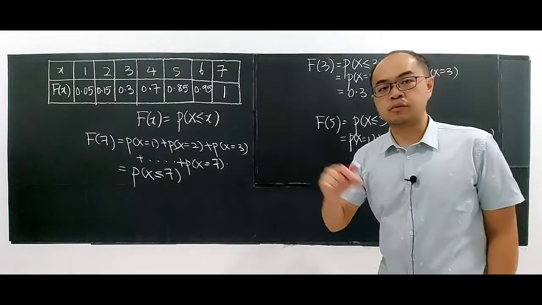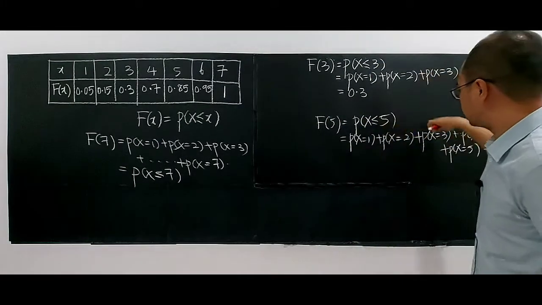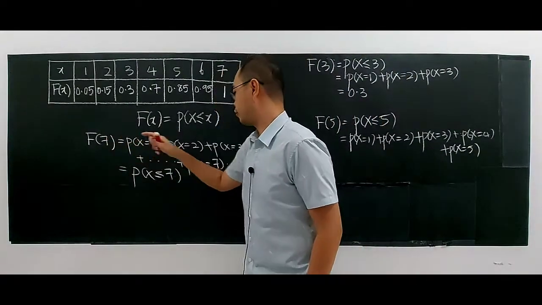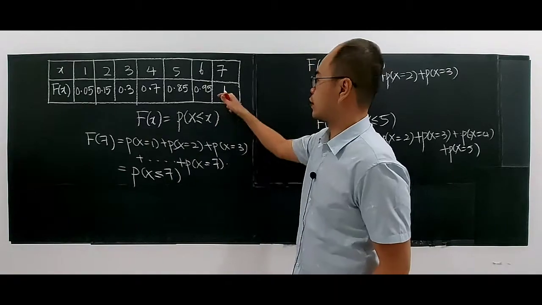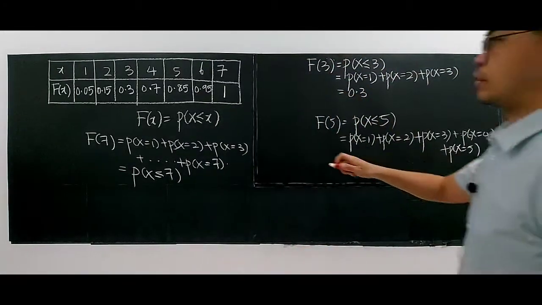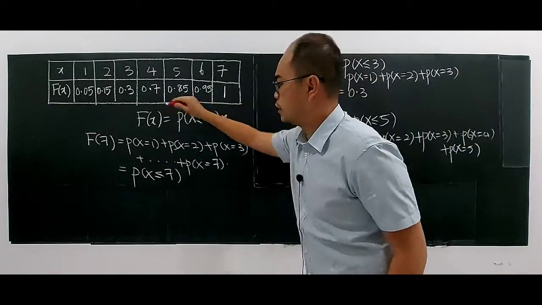This is the meaning of cumulative. You accumulate the probability, alright? F(7) means you add up from 1 to 7. That's why you're getting 1 here, right? So first I introduced what the meaning of cumulative is.